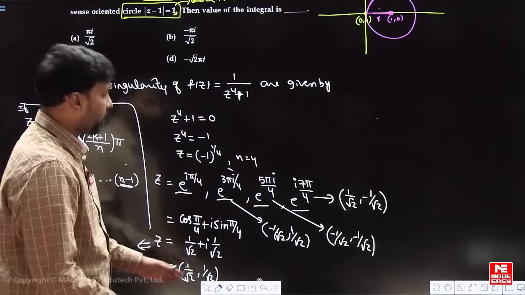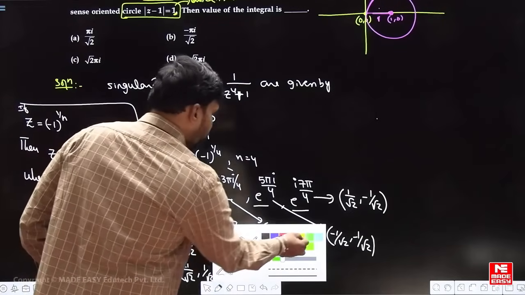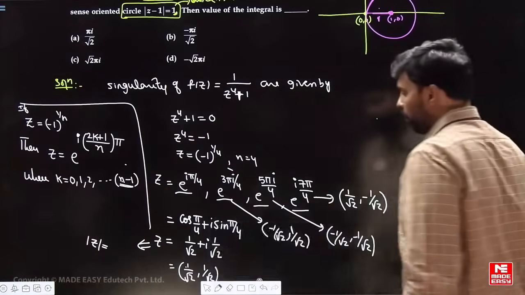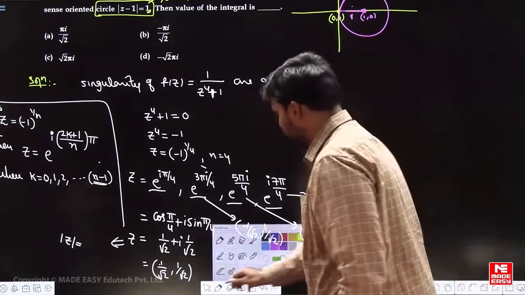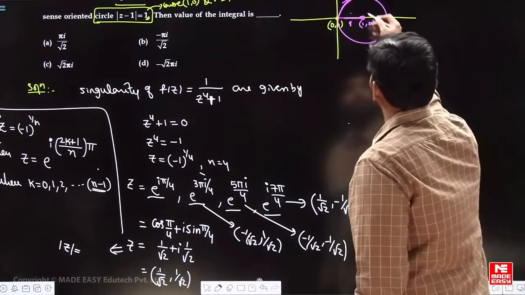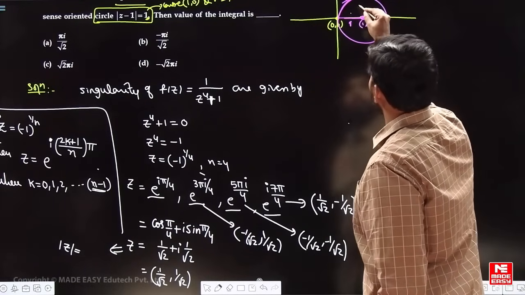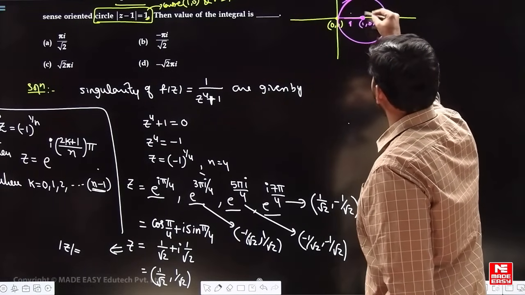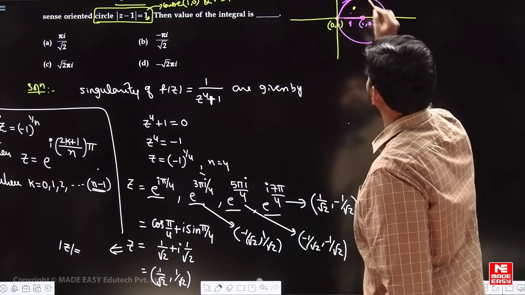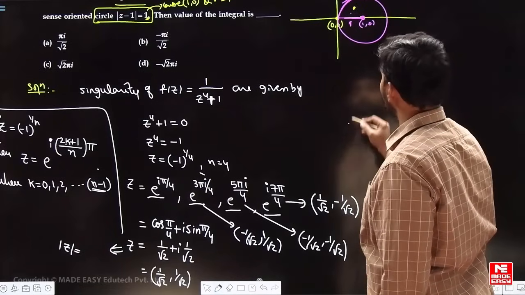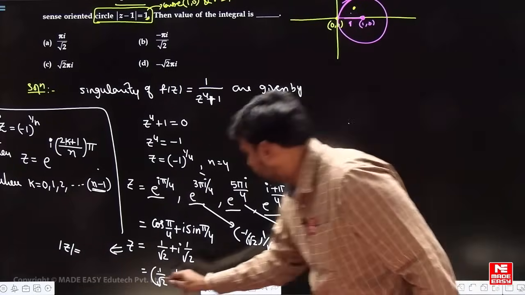But now, according to this, you can see the contour is only in the first and fourth quadrants. So 1 by root 2 comma 1 by root 2 is somewhere here, right? So this lies inside.